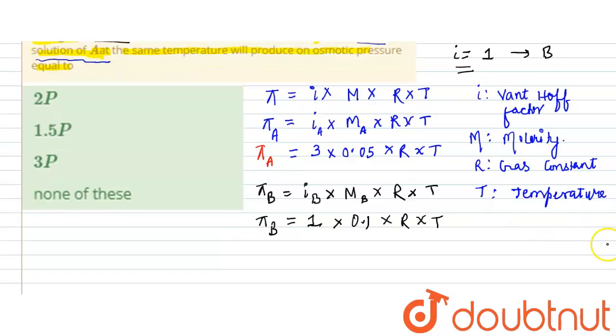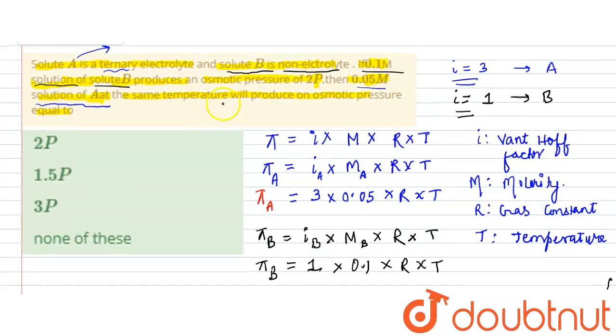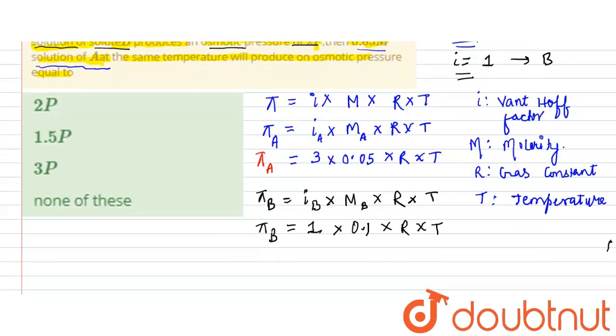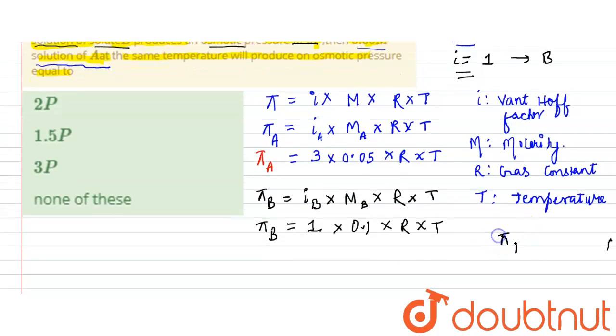Now we have been given that pi of B, the osmotic pressure of solute B, is 2p. So we will write pi of B is equal to 2p.